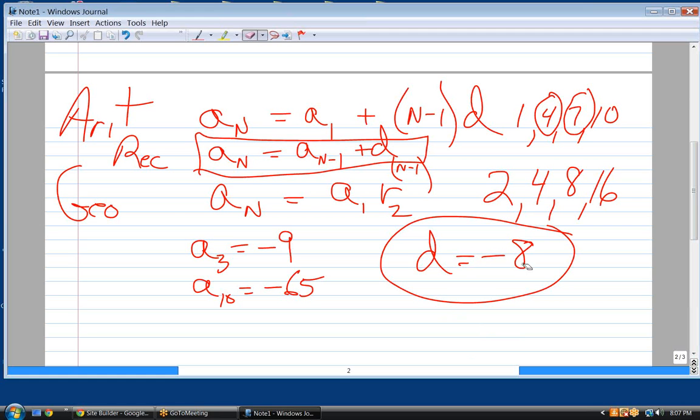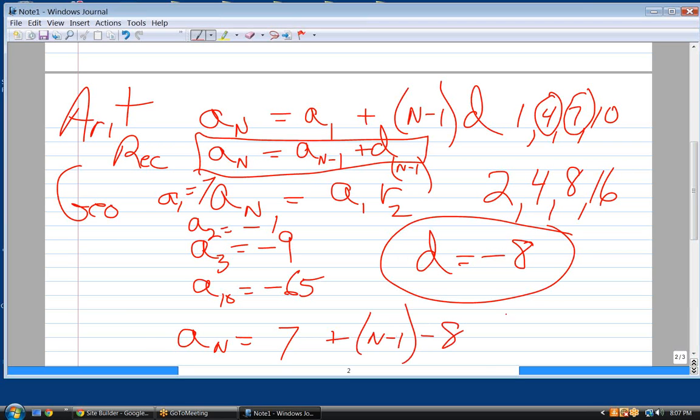If the common difference is minus 8, then a sub 2 is minus 1, and a sub 1 must be 7. So a sub n would equal a sub 1, 7, plus n minus 1 times the common difference, minus 8.